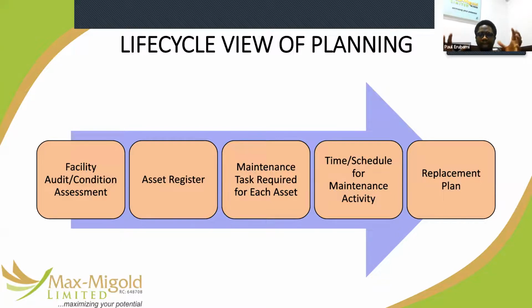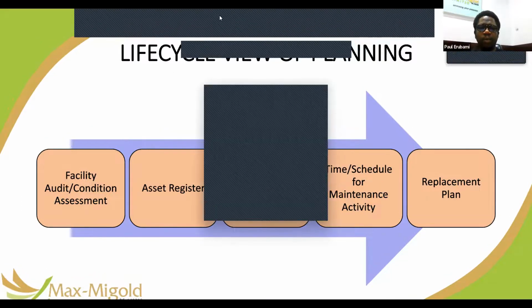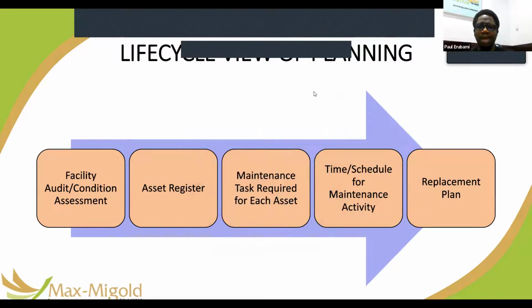And maintenance programs are put in place for us to maintain assets to their useful life. We expect that when we maintain very well, plan very well, and execute our maintenance very well, the assets will not break down anyhow.